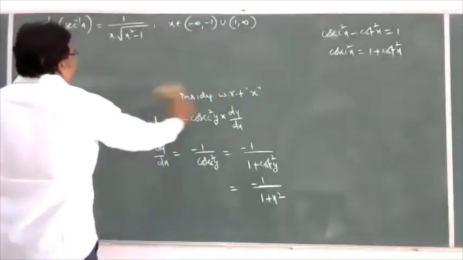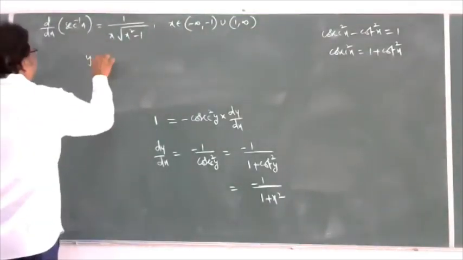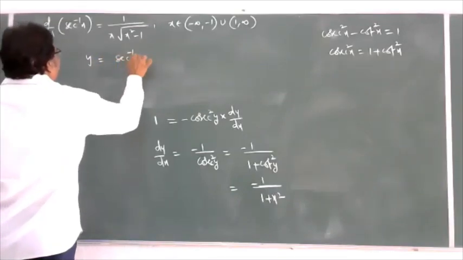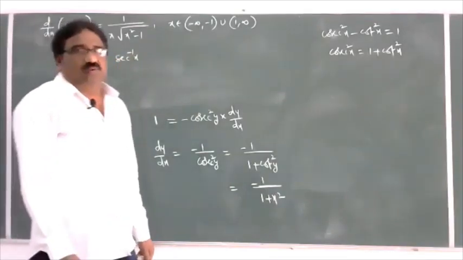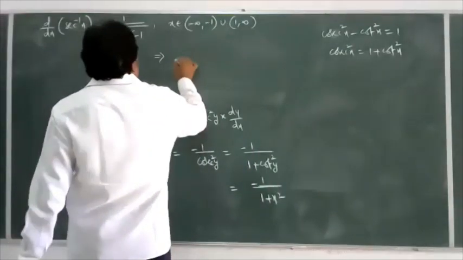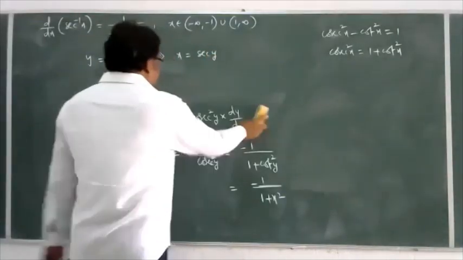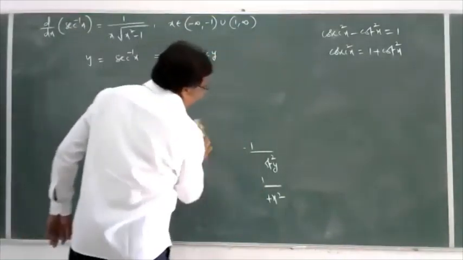In the same way, you take y is equal to secant inverse x. From this, you get x is equal to secant y.